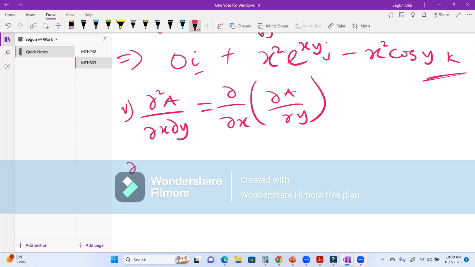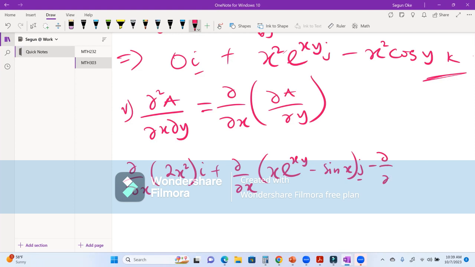So it's going to be d dx of 2x squared i plus d dx of x exponential xy minus sine x j minus d dx of x squared sine y k.